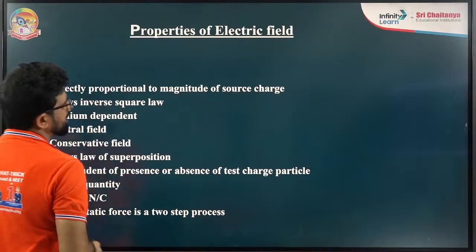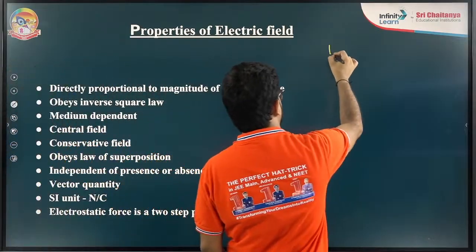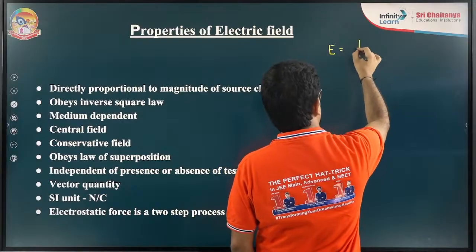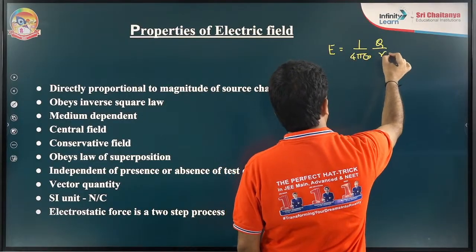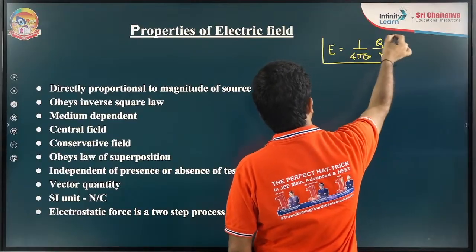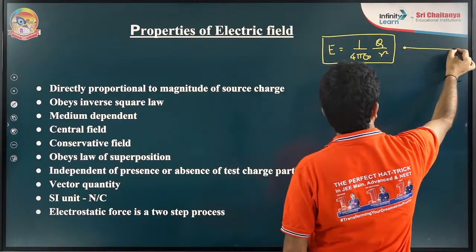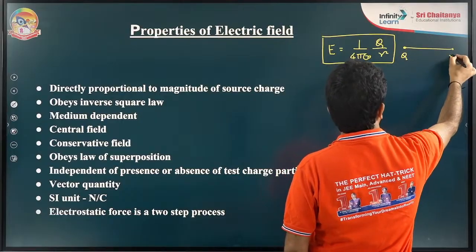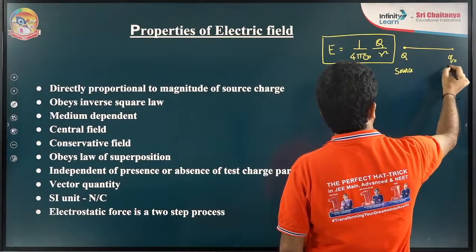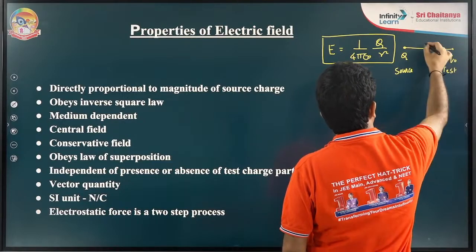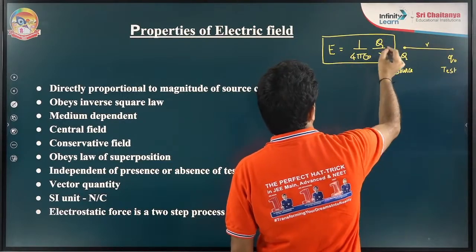We have seen directly that the field is equal to 1 by 4 pi epsilon naught, some charge, upon r square. Suppose this is a capital Q, which I call the source charge, and this is Q naught, a test charge, with separation r.